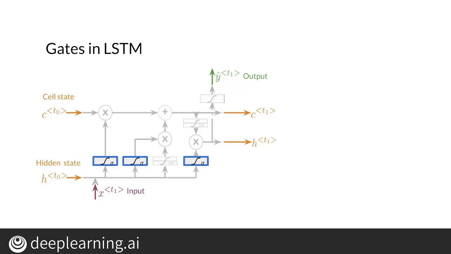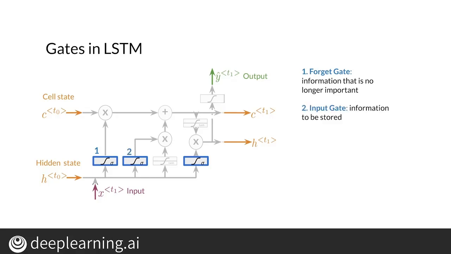The gates in an LSTM decide what information is kept or added and select the outputs at every step. You will typically have three gates. The forget gate, used to decide which information is kept and which is discarded from the previous cell state. The input gate, that selects the relevant information from the input and previous hidden states. And the output gate, that determines which information from the cell state is used as output and stored in the hidden state.